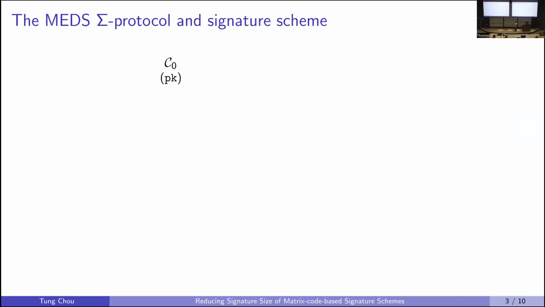So this is the underlying Sigma protocol in MEDS. The prover is going to generate a random code C0 and a random asymmetry (A, B) and apply it to C0 to obtain the code C1. Now C0 and C1 are going to be the public key, and the secret key is the asymmetry between them.